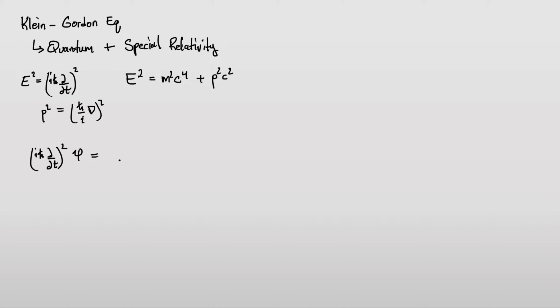They have to act on something. Then we have our m squared c to the fourth, so I'll just leave that as is. M squared c to the fourth also has to act on a wave function.